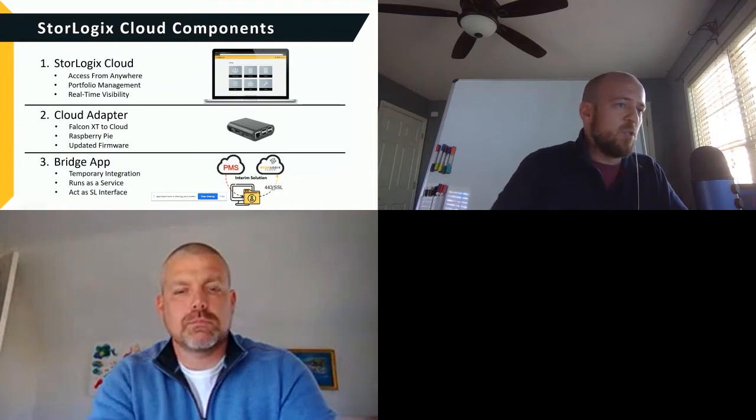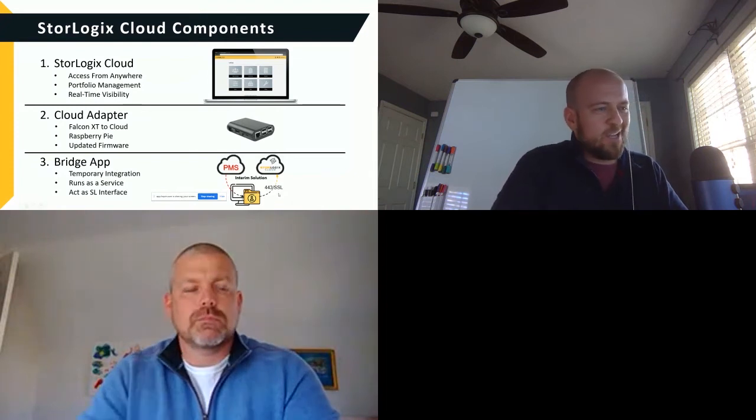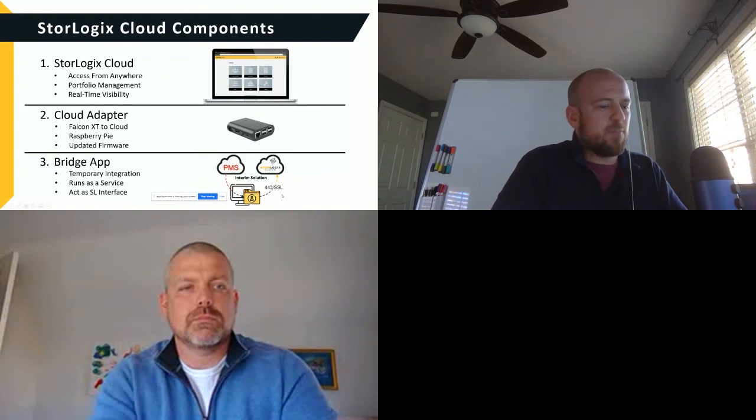You may be thinking now, this secondary integration seems like it's making me stay on the PC on my property, and that's the whole reason why I want to go to cloud, is to get off the PC. Well, that's awesome. You can actually still do that. This is not bound by location. So you can actually have a PC or a server in Australia, and you can run a site in California.